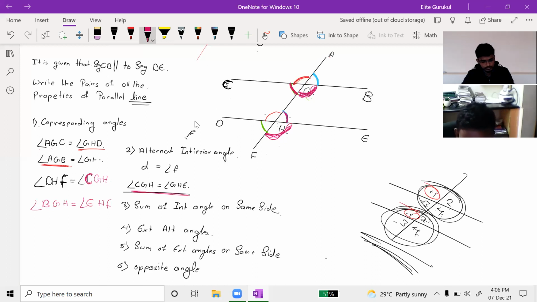Sir, angle CGH and angle DHG. CGH, this angle, right? Is equal to DHG. This angle. No, wrong. It is corresponding angle, na? Okay.